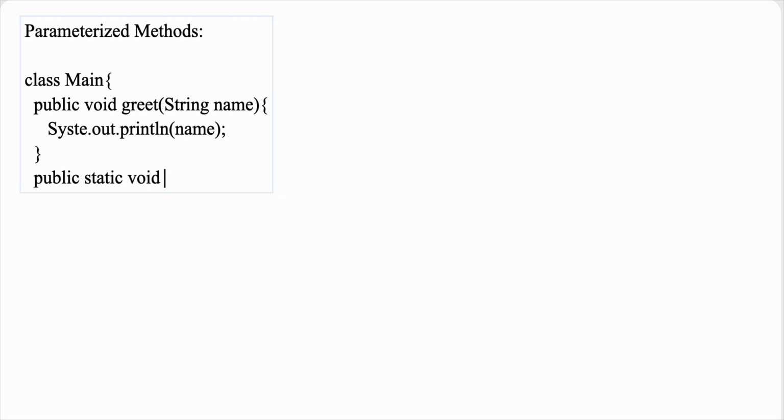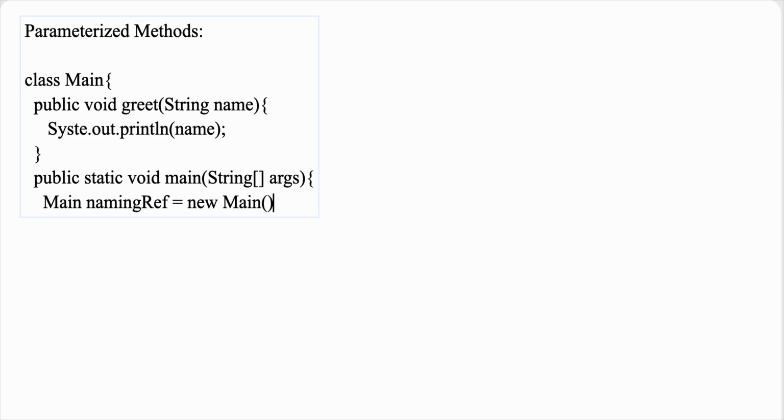The method is completed, so now we need to use that method in the main method, public static void main, String argument. Okay, so here we need to create an instance of Main, and call that name. For that we have to create our reference. Naming reference I will give, and here the new keyword, and here is the Main.